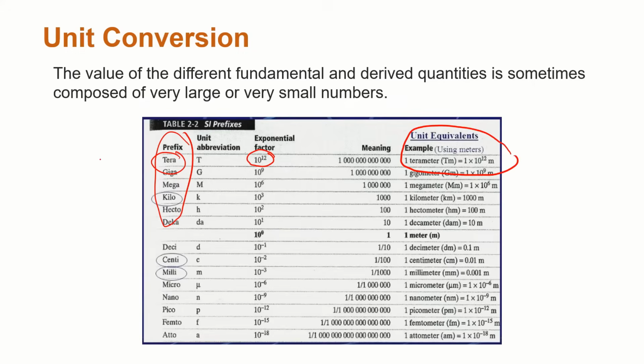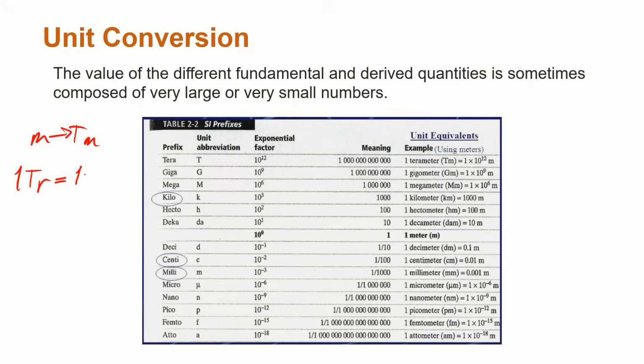For example, in order to convert meters to terameters, the unit equivalent is that 1 terameter is equal to 1 trillion meters, or to avoid this long sequence of numbers, it is equal to 1 times 10 raised to 12 meters.